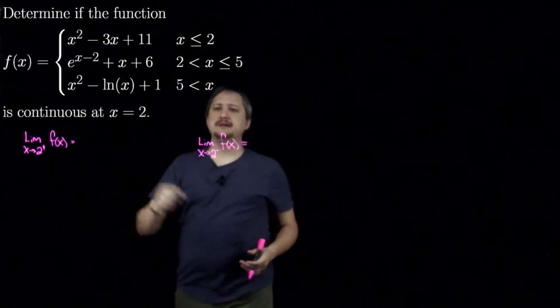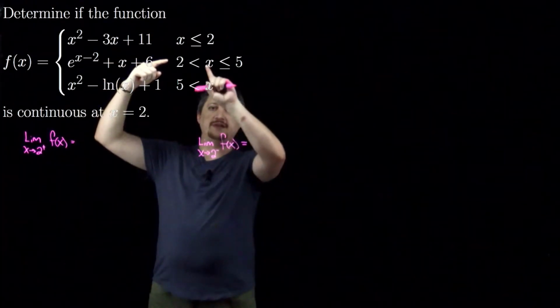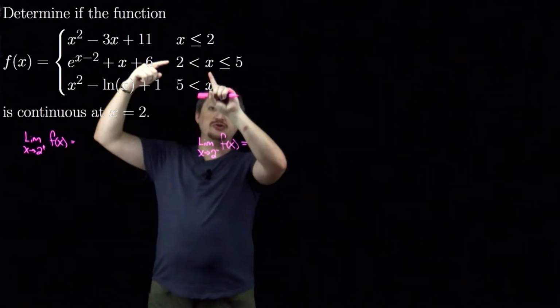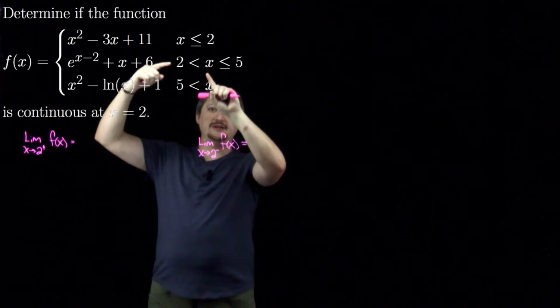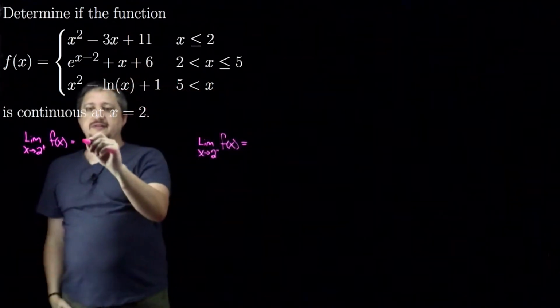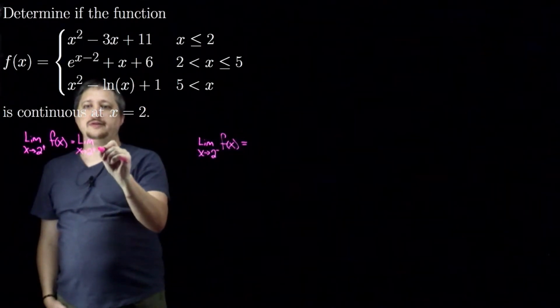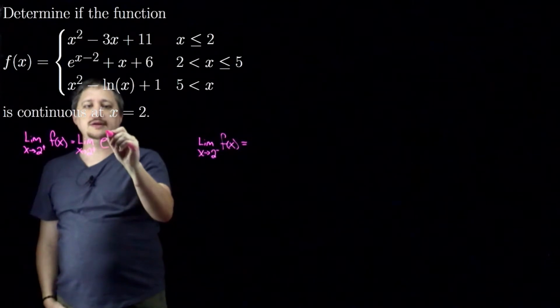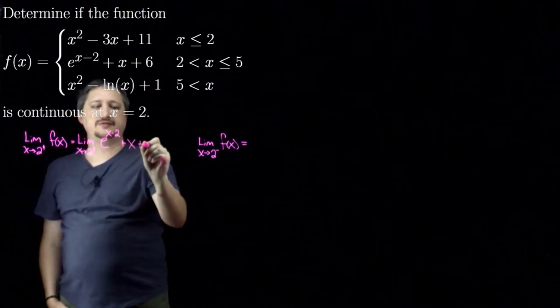All right, so 2 from the right means x being a little bit bigger than 2, so strictly greater than 2. That means I'm going to be in this second line, using this equation. So this is equivalent to taking the limit as x goes to 2 from the right of e to the x minus 2 plus x plus 6.